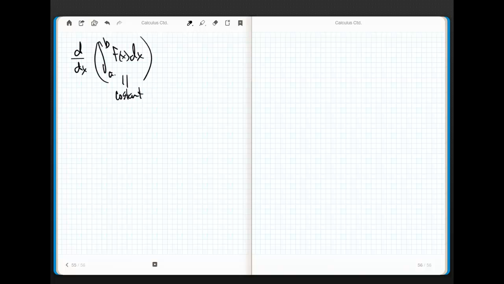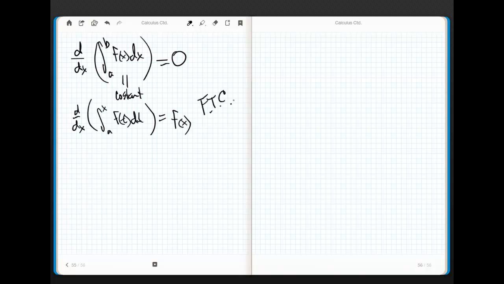It's a number. So the derivative of a constant is always 0. However, if I take the derivative of the integral from a to x of f of t dt, this is always going to be f of x. And that's what the fundamental theorem of calculus guarantees us.